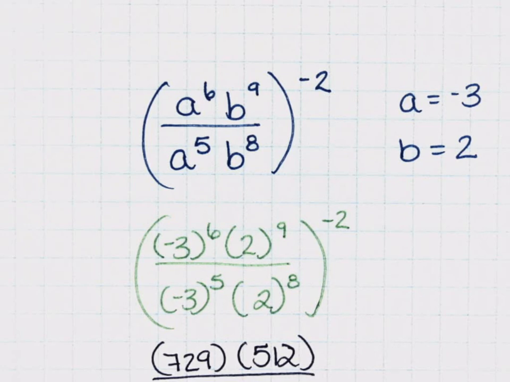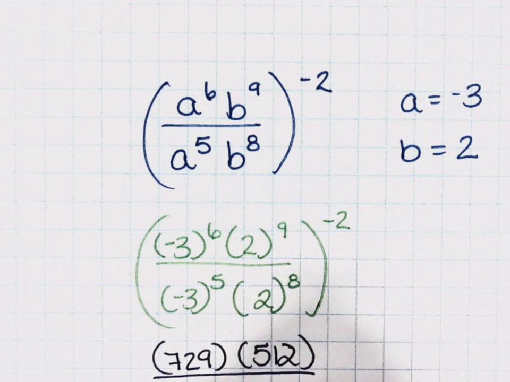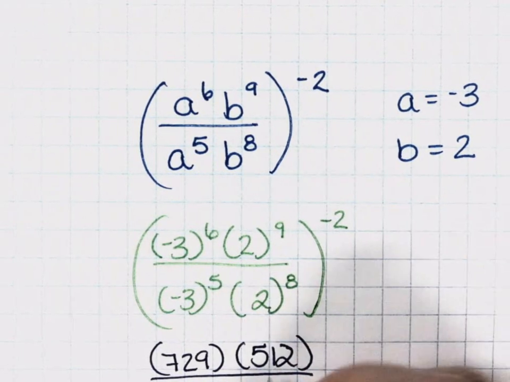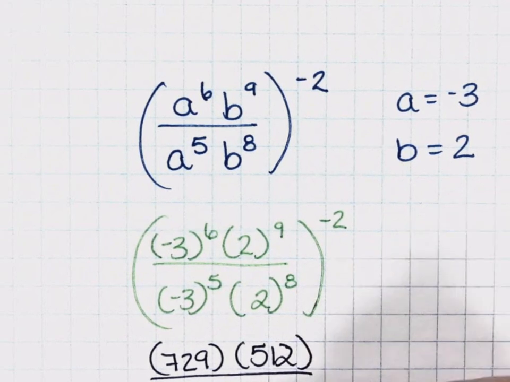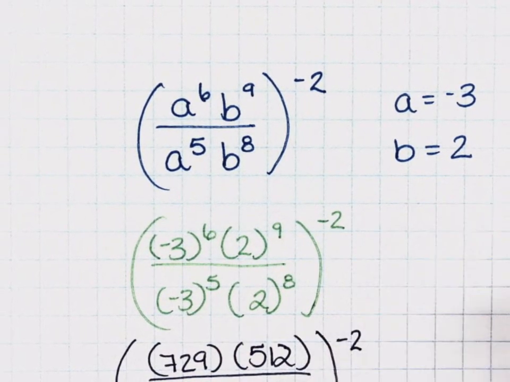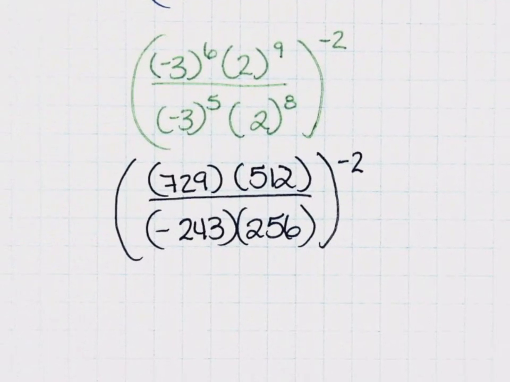Negative 3 to the exponent 5 is negative 243, and 2 to the exponent 8 is 256. And that's all still to the exponent negative 2, because I haven't done anything with it.